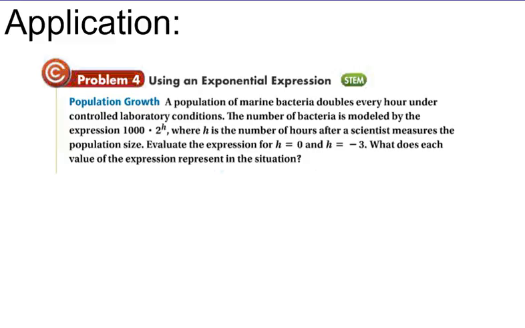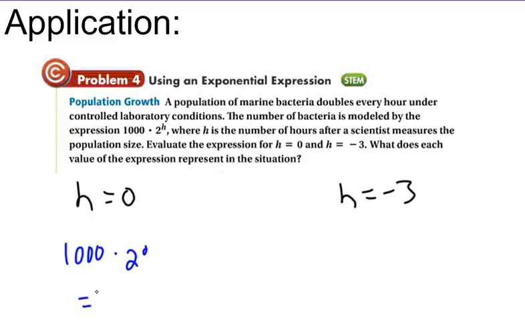So let's do h equals 0 and h equals negative 3. So for h equals 0, it'd be 1,000 times 2 to the 0 power. 2 to the 0 power is 1, so that's just going to be 1,000 times 1, which is equal to 1,000. Okay?